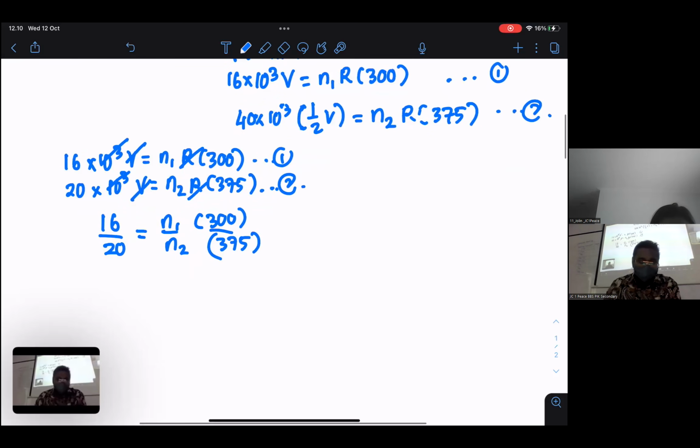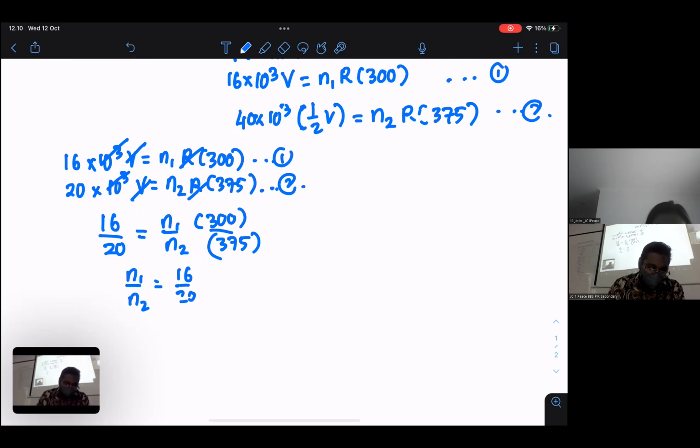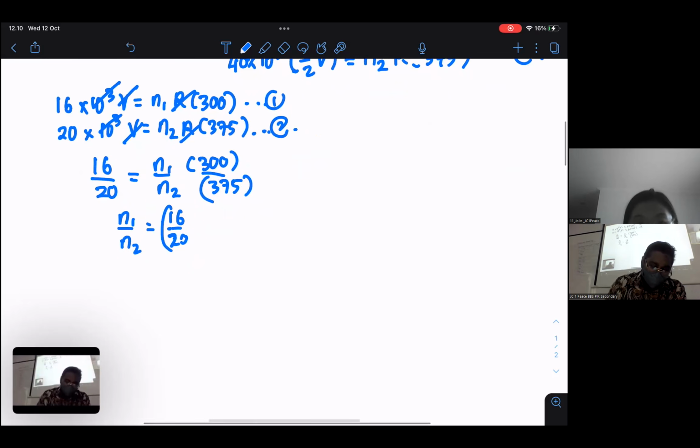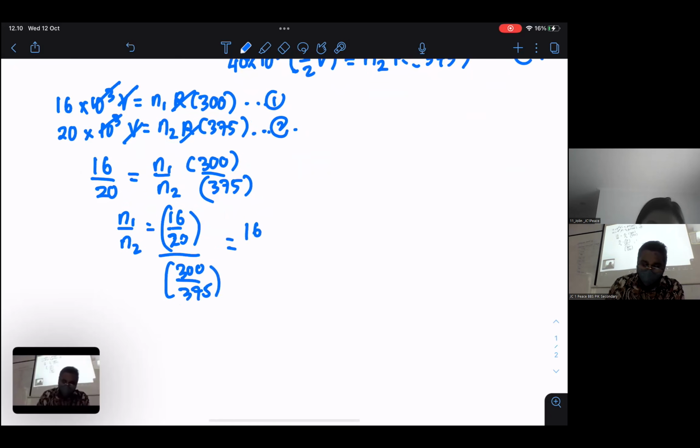What you do, you just find out what is n1 divided by n2. n1 divided by n2 is 16 divided by 20 times 375 divided by 300.